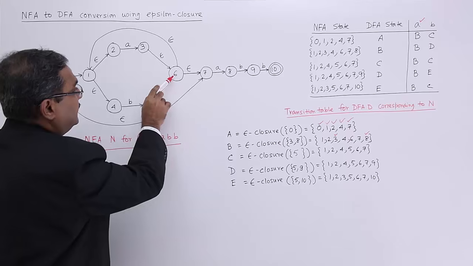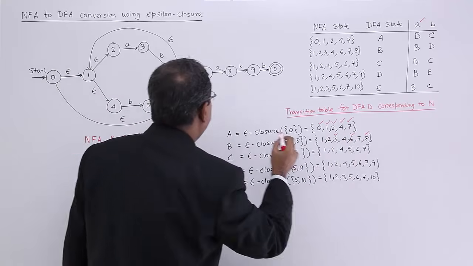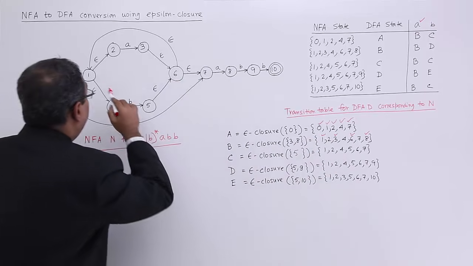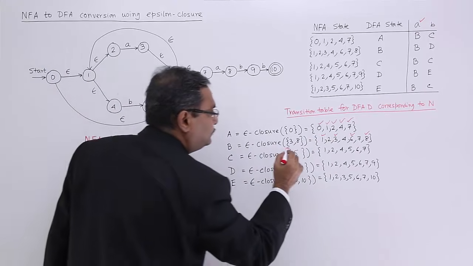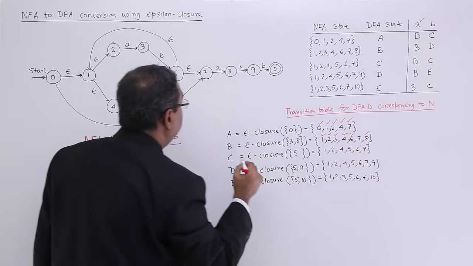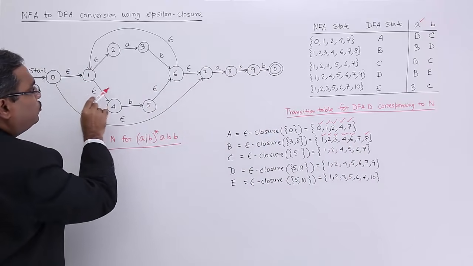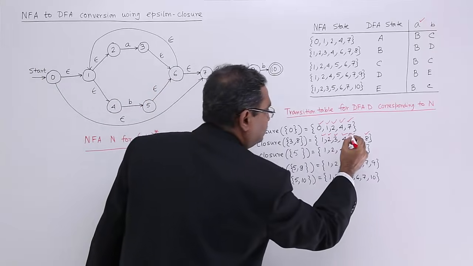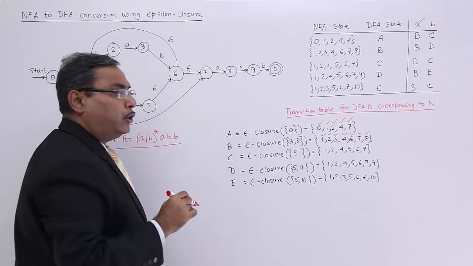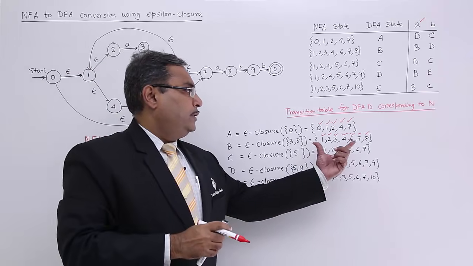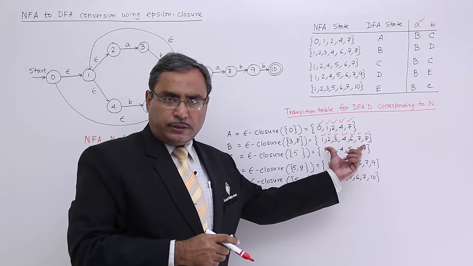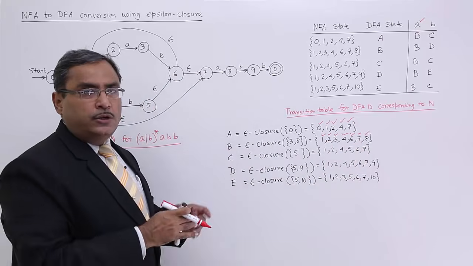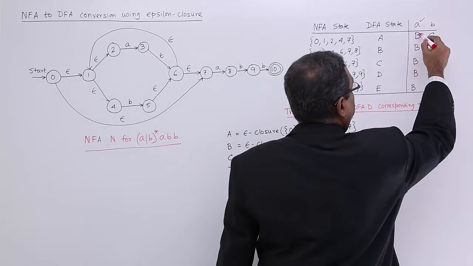From 3, 6. From 6, 1. From 1, 2 and 4. And from 6 we can go to 7. So, all of them have got included. It is a new set of states, so I am labeling it as B.